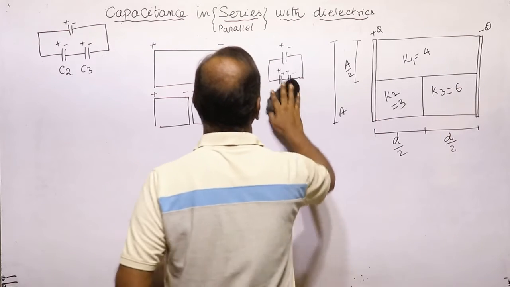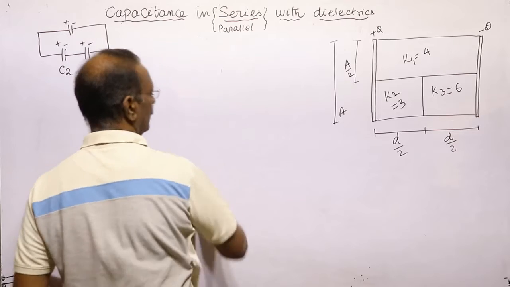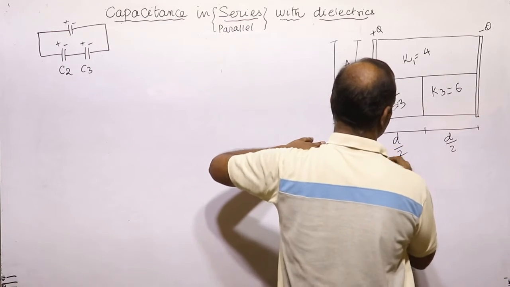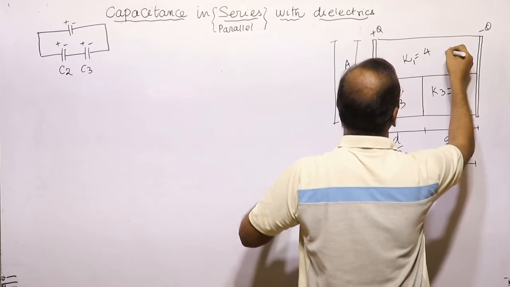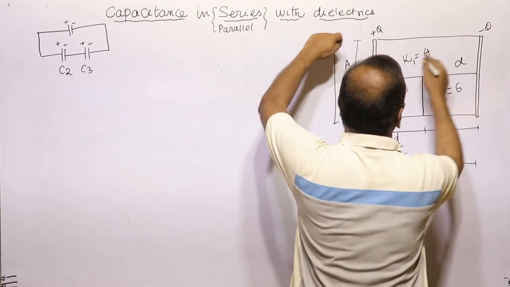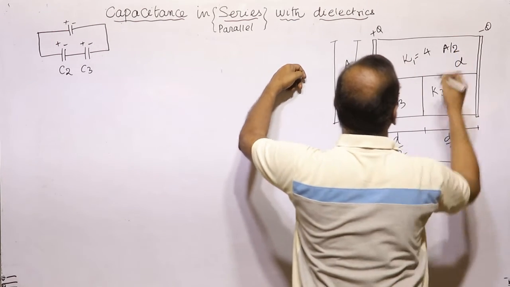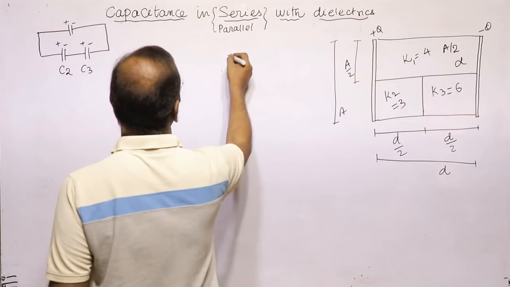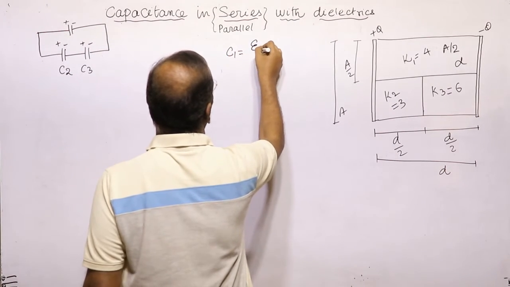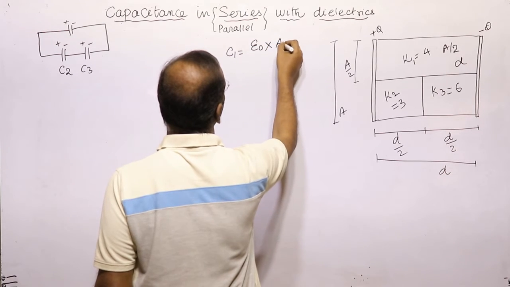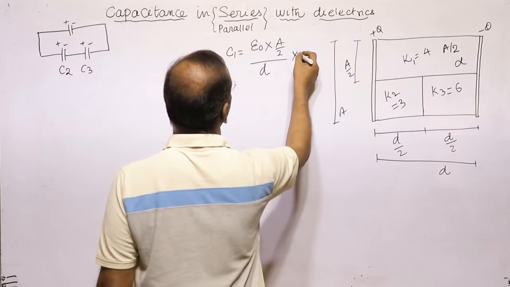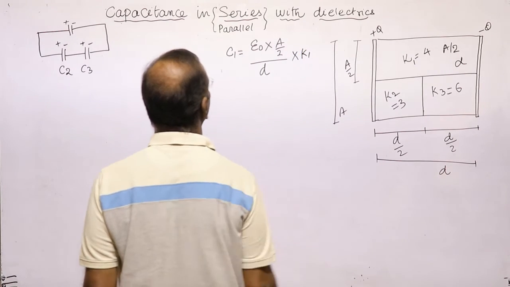Now we have to calculate the equivalent. How will we calculate the equivalent? This is K1. K1 is occupying the entire D. So the separation between the plates is D and the area is half the area of the plate. So C1 is equal to epsilon naught into area A by 2 divided by D into K1.